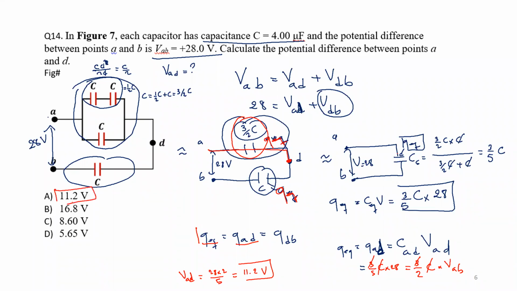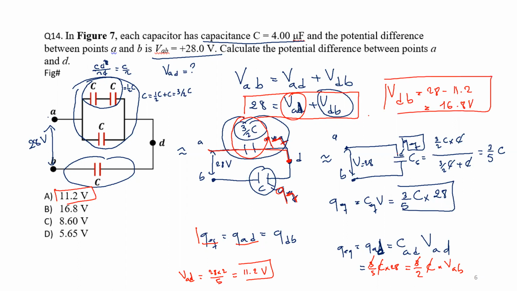Okay, this can go very fast, by the way. Now, what is VDB? I can use this formula if I want. Now I know this one. So VDB will be just 28 minus 11.2. So this gives you VDB, which is 16.8 volt. But I can do even better.